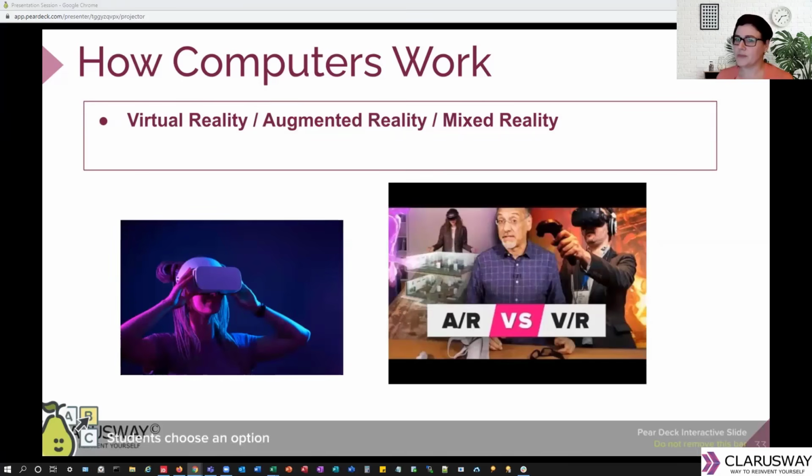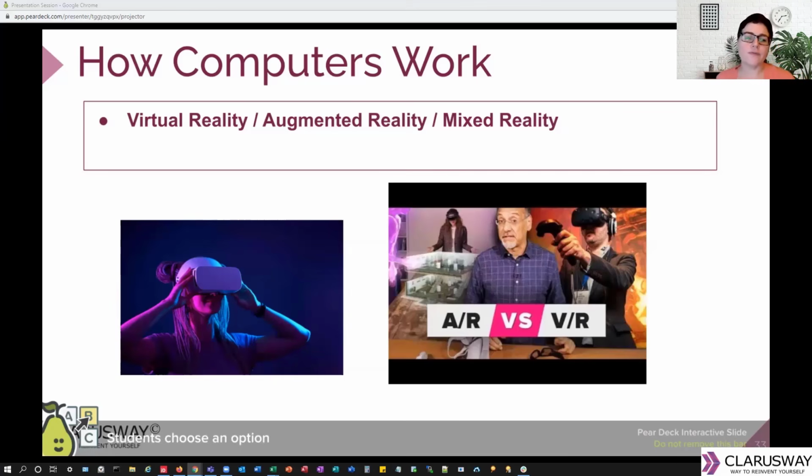So we talked about input devices a little bit. Let's talk about virtual reality, augmented reality, mixed reality. All of these things really involve taking input and output, so the hardware device, and mixing different variations of reality, depending on what the programming technology is designed to do.